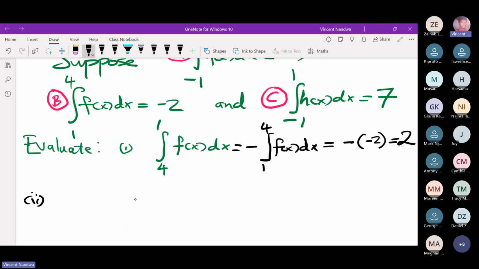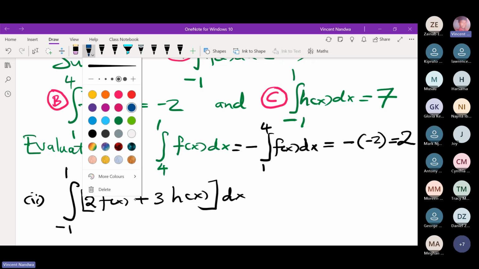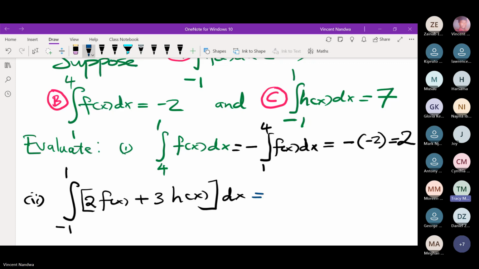Then we have the integral from -1 to 1 of 2 f of x plus 3 h of x dx. So the first thing is to apply integration to each of these two functions.